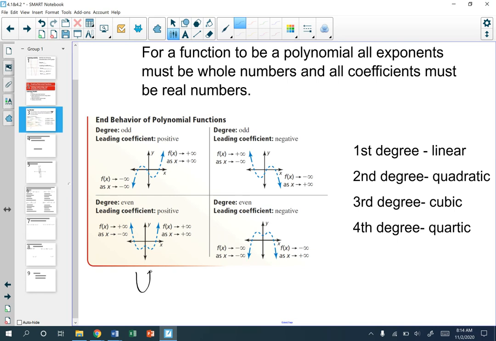So a positive even degree opens up, a negative even degree opens down. And then here, as x goes to negative infinity, f of x goes to infinity. As x goes to infinity, f of x goes to infinity. Here, as x goes to negative infinity, f of x goes to negative infinity. And f of x goes to negative infinity as x goes to positive infinity.